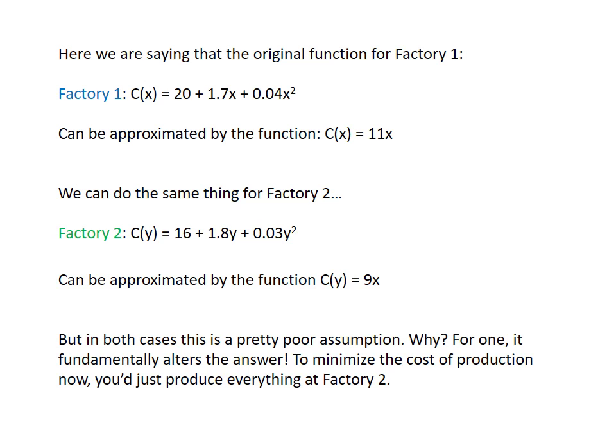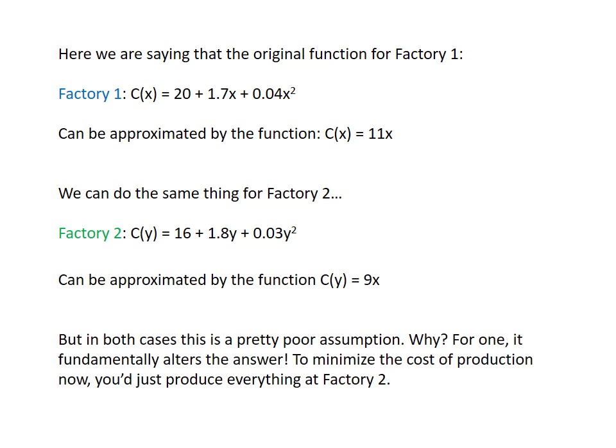And we're going to do the same thing for factory 2. We're going to say that the cost function is no longer c of y equals 16 plus 1.8y plus 0.03y squared. We're going to just say it's 9y, and that second equation should say 9y, not 9x.